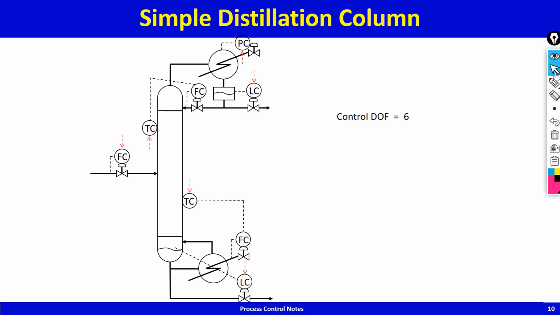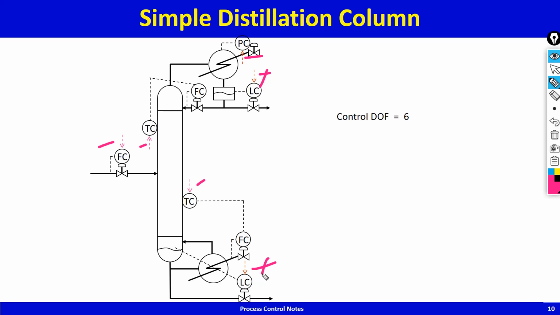Now in this case you can see the control degrees of freedom is 6, and the operator is specifying exactly 6 set points. 1, 2, 3, 4, 5, 6. Of these 6 set points, this has no effect on the steady state. This has no effect on the steady state because it is a non-reactive liquid level inventory.